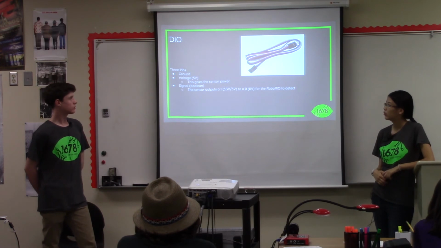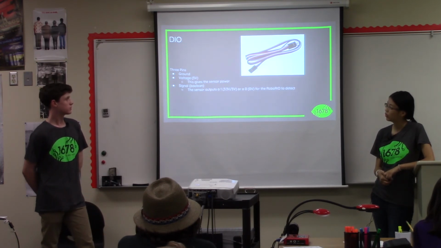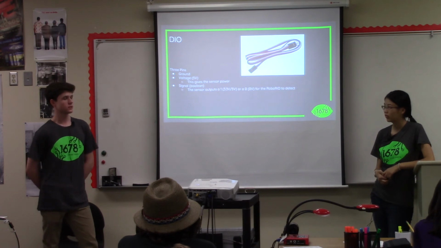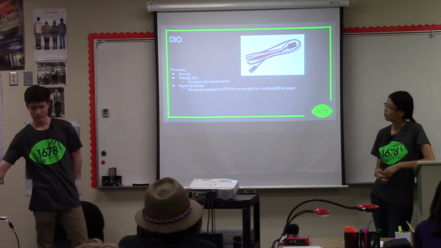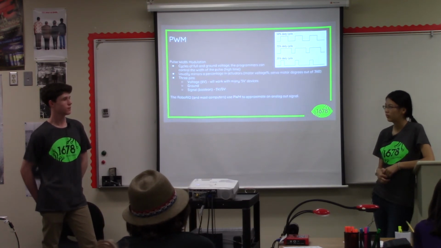Then white is signal, and it outputs 3.3 volts or 5 from the roboRIO to the sensor, so it receives a signal. And so DIO is used with PWM.